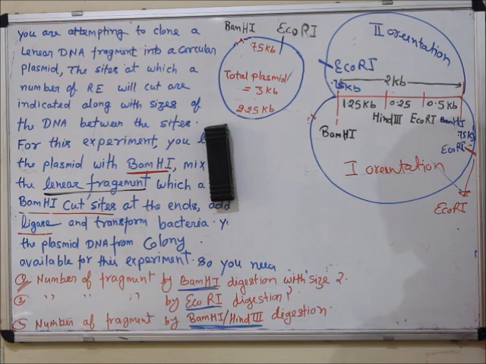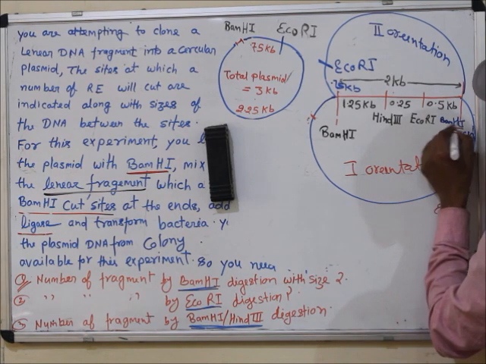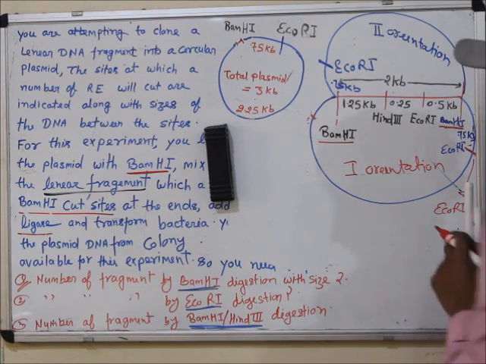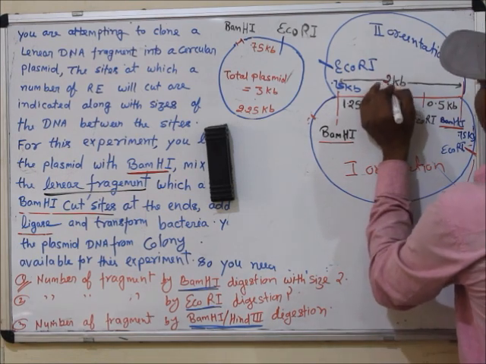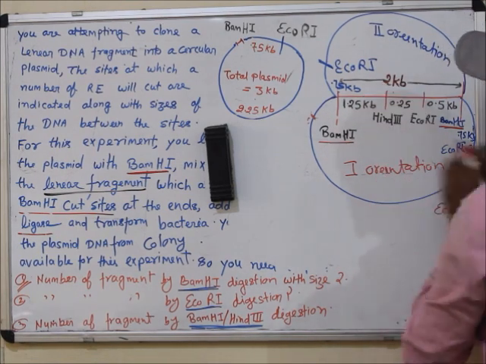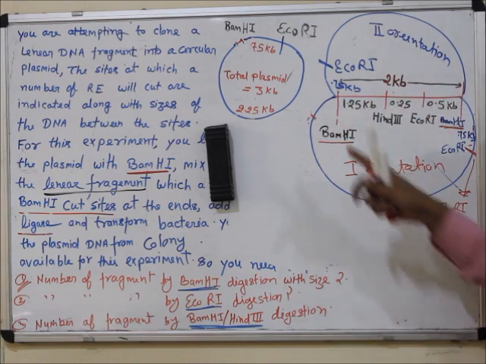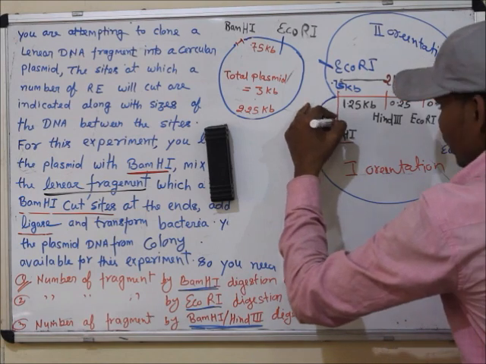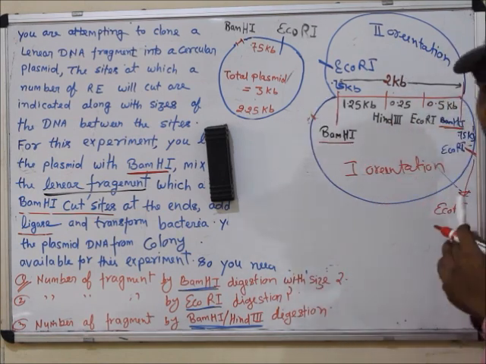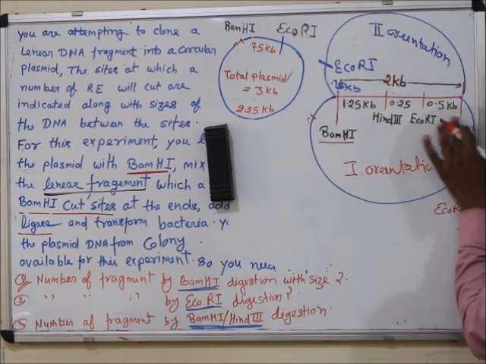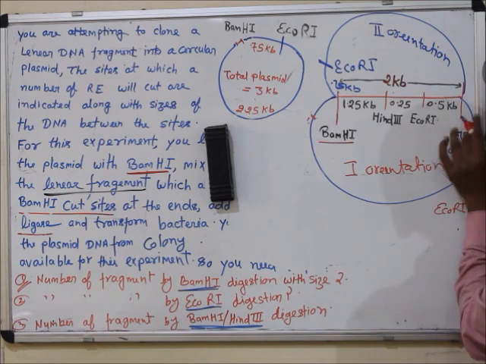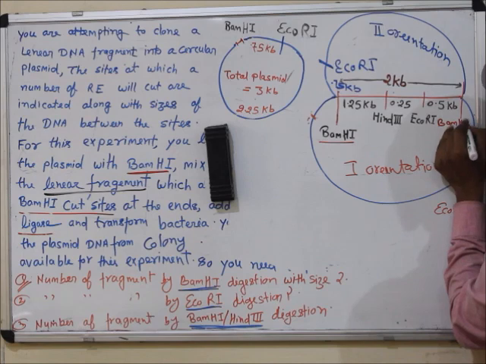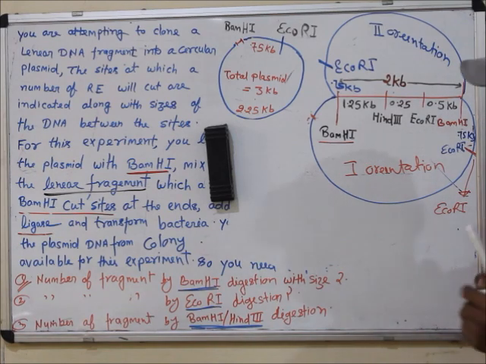Point out BamHI. Then the size is 2 kb. The length of this fragment is 2 kb. BamHI cuts here. BamHI. Point out again, I am denoting with the red marks. BamHI. Okay.